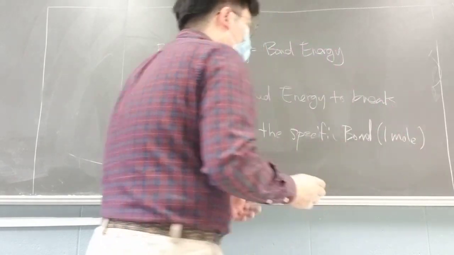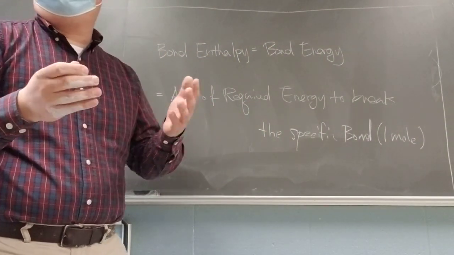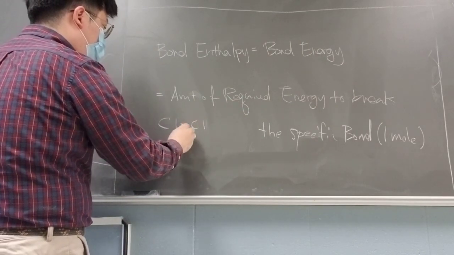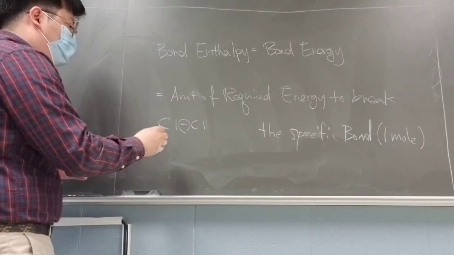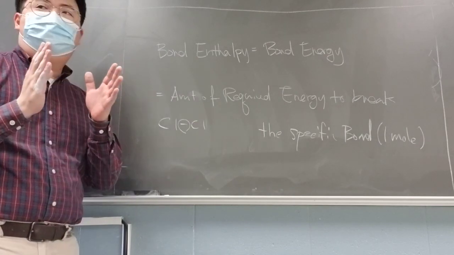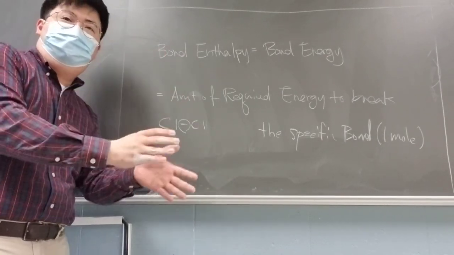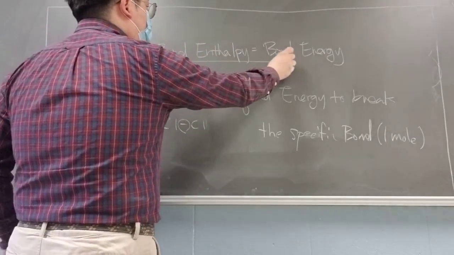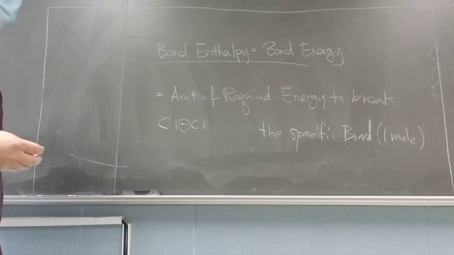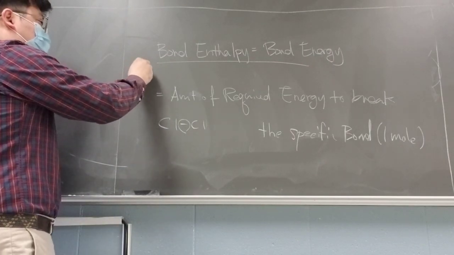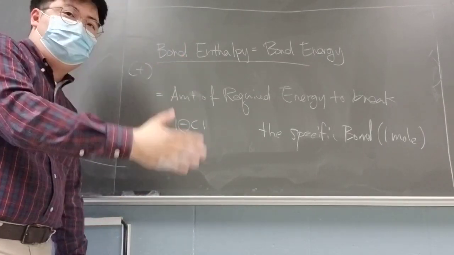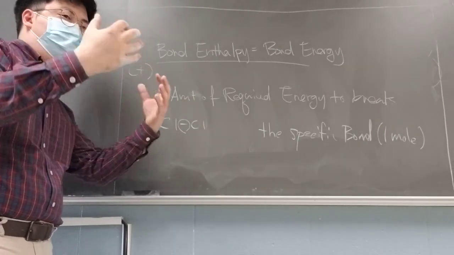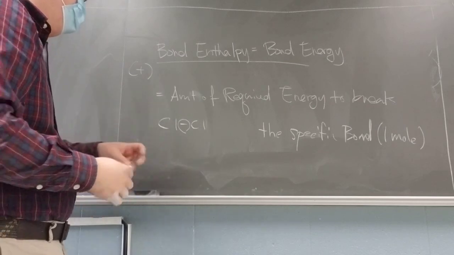So if you have 1 mole of this type of bonding here, you want to break it, right? So obviously you need to do work on the system. That means your bond enthalpy, or you can say bond energy, will always be positive. Because if you want to break something, you have to do something to the compounds, so it's positive, gaining energy.